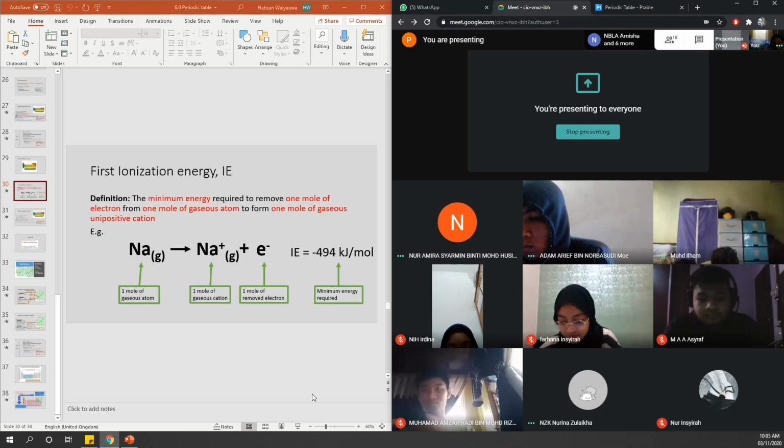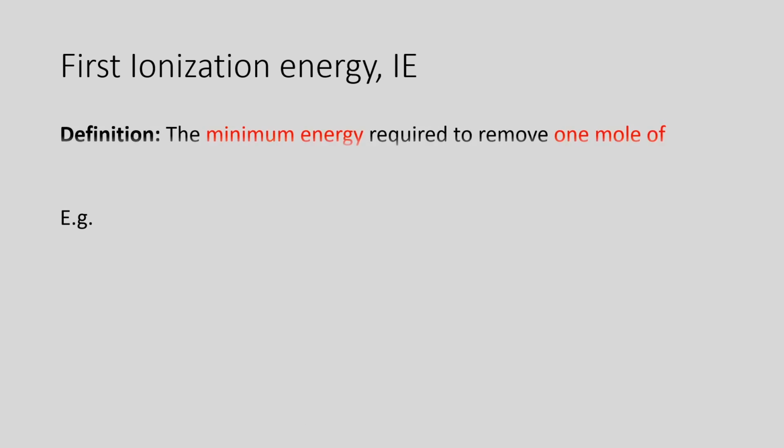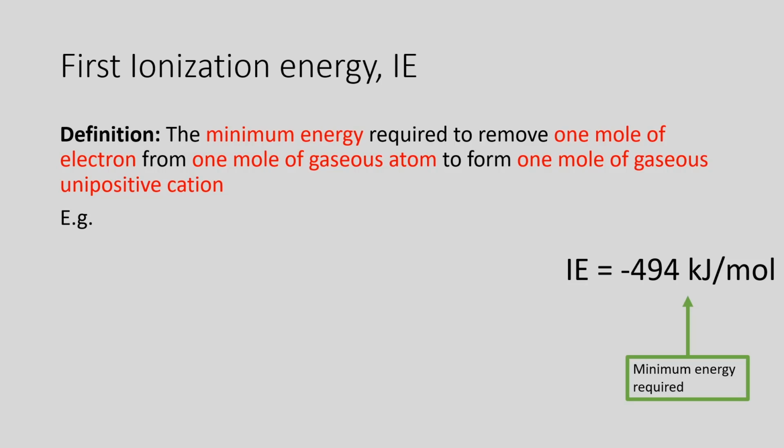Okay, so ionization energy is the minimum energy required. So paling sikit you boleh bagi untuk tarik elektron tu keluar daripada atom dia. So proton tu sonok-sonok tengah pegang tangan elektron ni. So berapa banyak energi yang awak boleh bagi, awak nak breakkan dia lah.